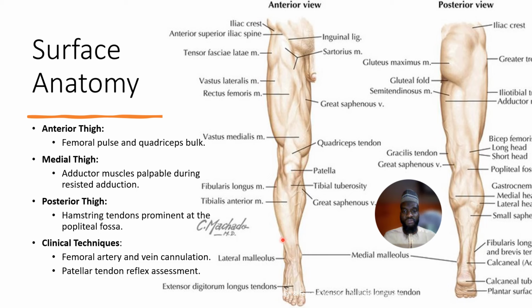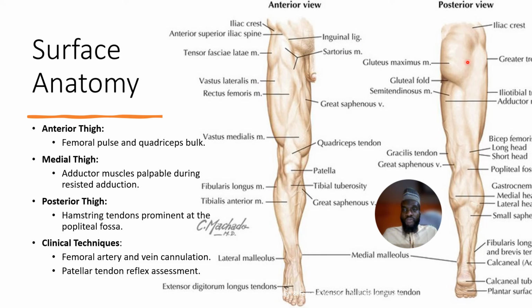Then in the leg you appreciate the fibularis longus muscle, the anterior border of the tibial bone, the tibialis anterior muscle, the tibial tuberosity right here, the great saphenous vein here, and the medial malleolus and the lateral malleolus. So this is the anterior view.